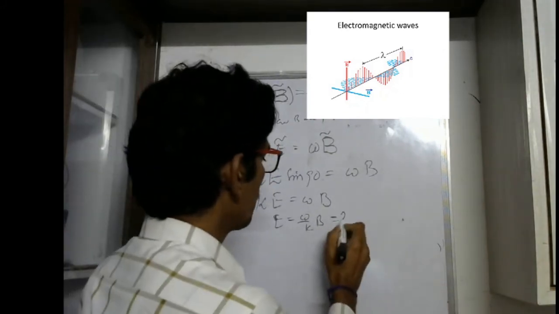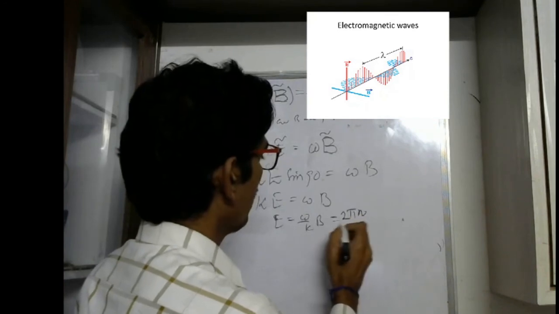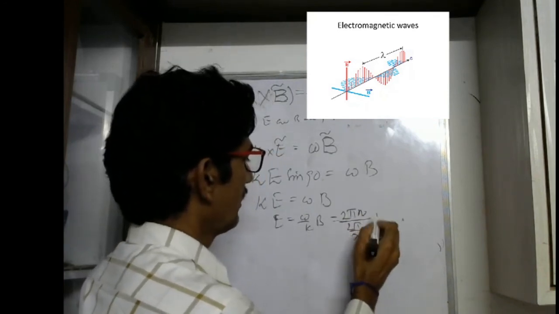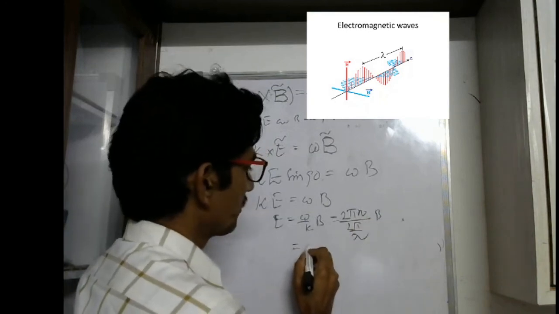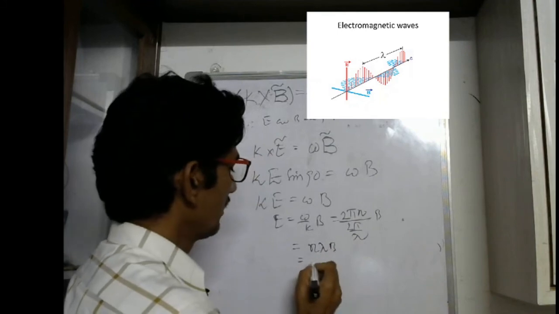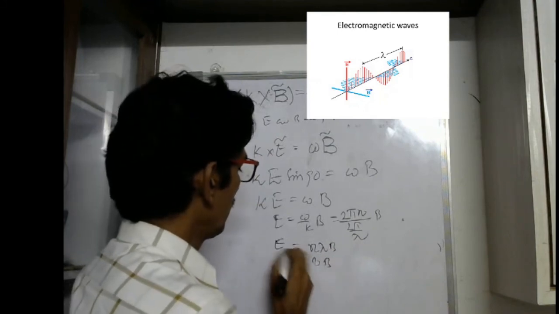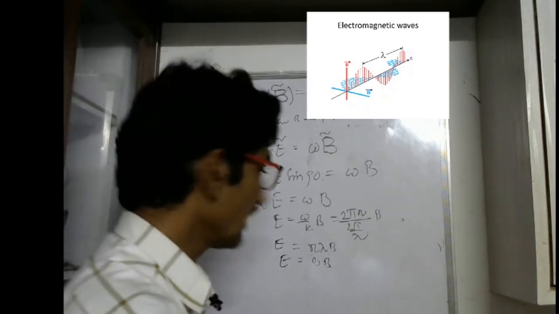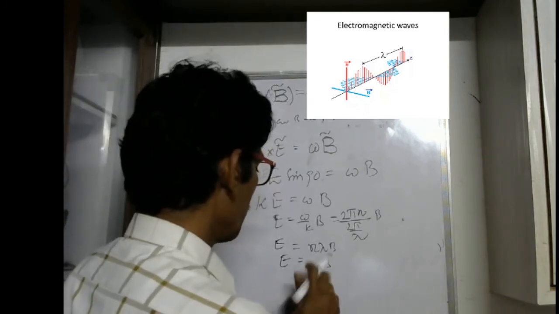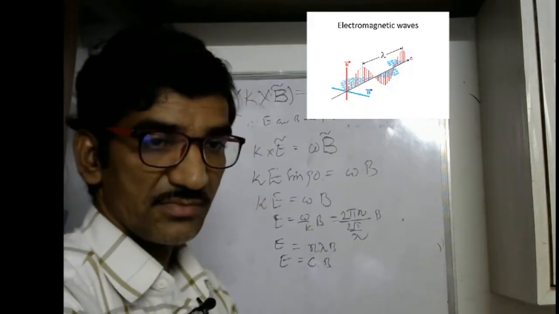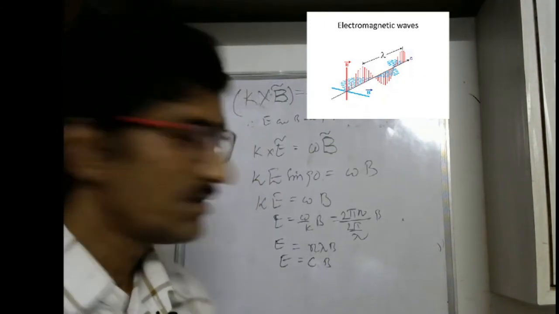Omega is equal to 2 pi n. K is equal to 2 pi by lambda. So omega by K is equal to n lambda. What is n lambda? V. So E is equal to V into B. What is V here? V is equal to C. So you have C here.